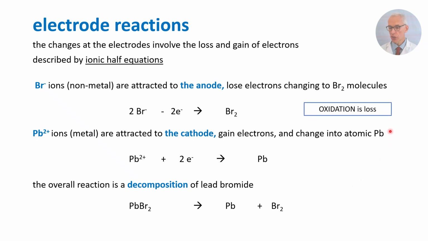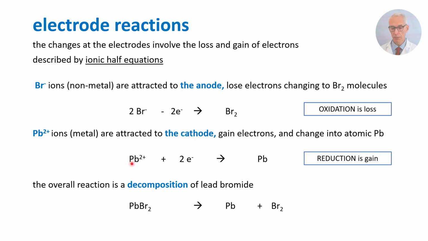Introducing two new terms, oxidation. Oxidation is defined as the loss of electrons. So here, bromide ions lose electrons. Each bromide loses one electron. This is an oxidation. The opposite applies to the term reduction. Reduction is the gain of electrons.